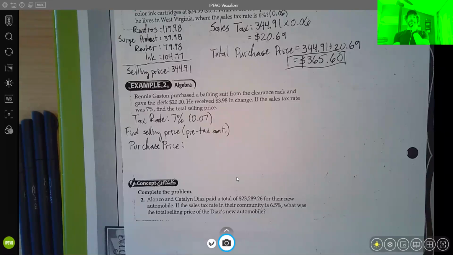He gave the clerk $20, but he got $3.98 back in change. So what was the cost? The total purchase price.